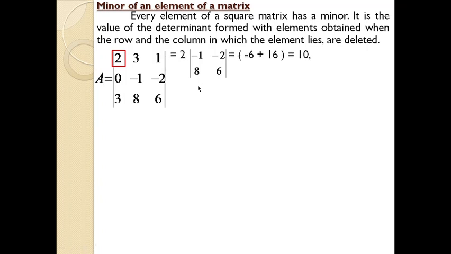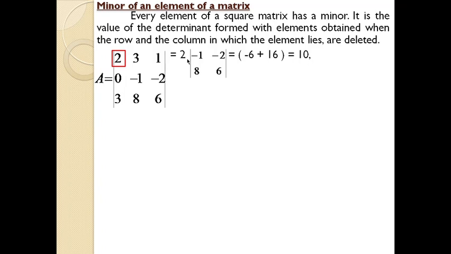So if you solve this, you will get -1 into 6, which is -6, plus 8 into -2, which becomes plus 16. So the value is 10. How did you get the value of 10? You selected one of the elements. Here that element was 2.